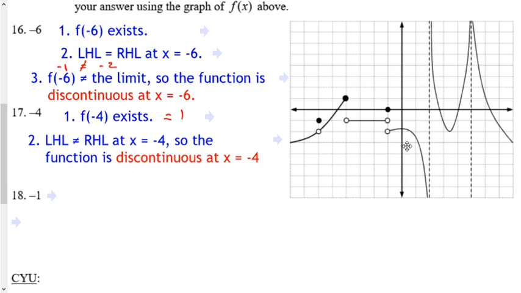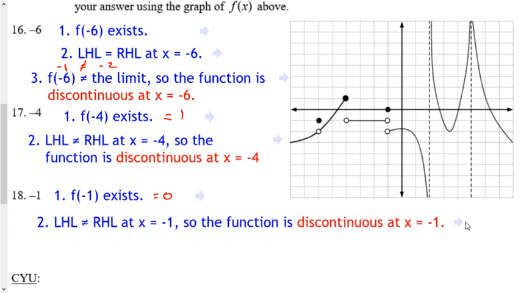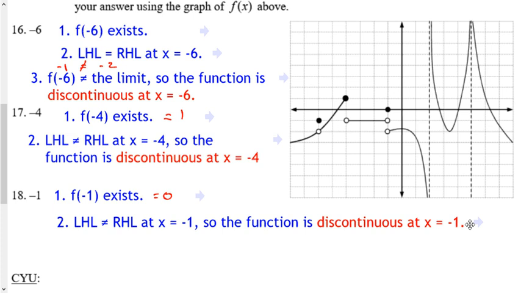Well, visually, just looking, we can see that there's this gap, which means it'll be discontinuous. But again, as I look at my conditions, the function is defined. F of -1 is equal to 0. But my left and right hand limits are different. My left hand limit is -1. My right hand limit is -2.